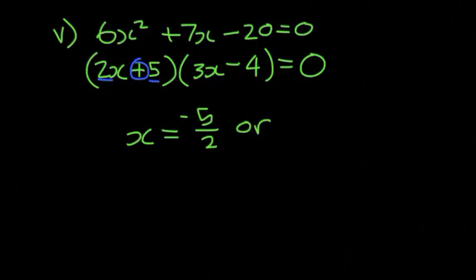Or for the second bracket, it's going to be 4 divided by 3, and we take the opposite sign, so it's a positive 4 over 3. We've found the solutions for this quadratic equation.